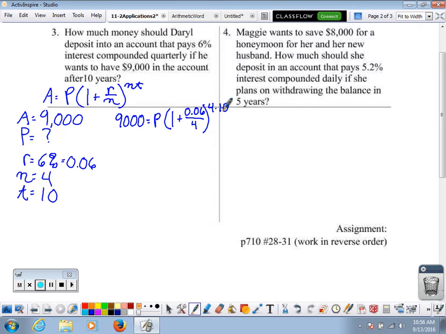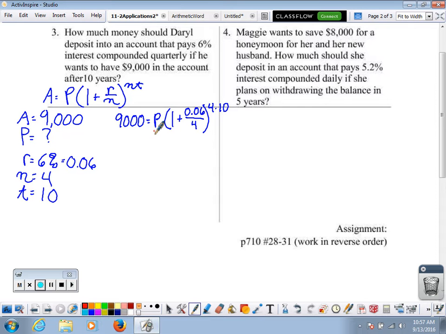This time, guys, we're looking for the variable that's in the middle of the equation. Instead of it being all by itself on one side, you've got to get it by itself. So before we run to the calculator and start pushing buttons, do a little bit of algebra on paper. This P is getting multiplied by all that stuff. So what am I going to have to do to get P by itself?